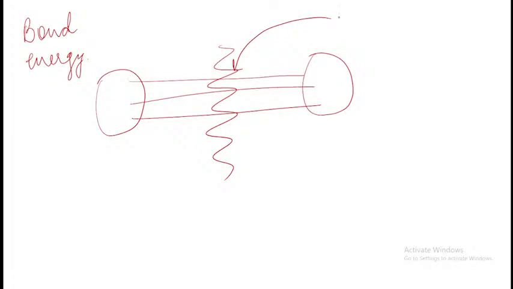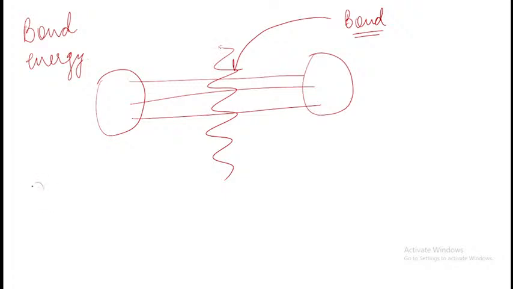This is what the bond energy is all about, correct? So what is a bond energy? Bond energy is the energy that is required to break a bond between any two atoms.